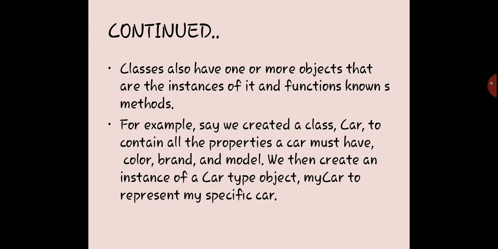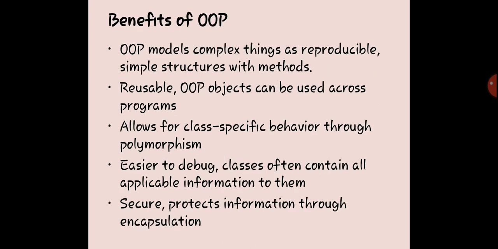To access these properties outside the class, we can use the variable object of the class type. So all the class properties can be used outside through the object of the class, and here the object is my car. Using my car we can acquire the properties of the class car outside.